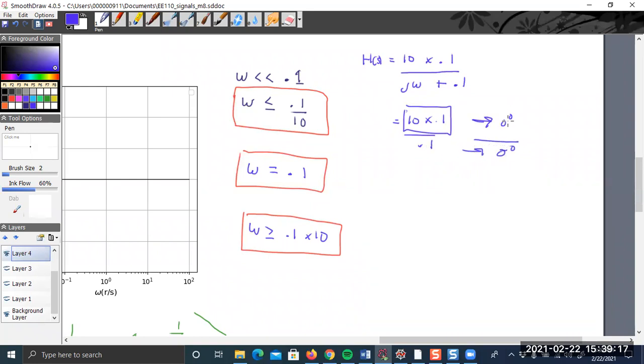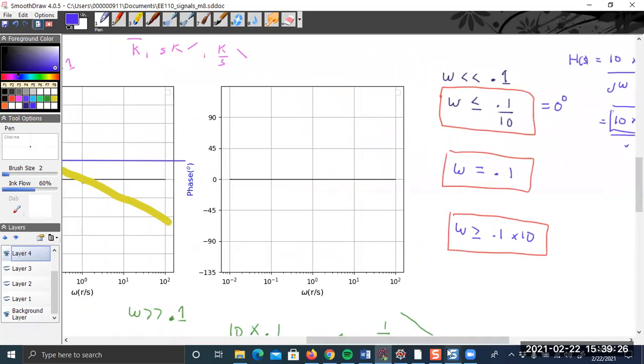It's all real. 0 minus 0, 0. So in this case, the phase is 0. And I can just draw a line like that. But this point here, a tenth of 0.1. So this is 0.1. That's a tenth of 0.1. That's going to be an important spot.